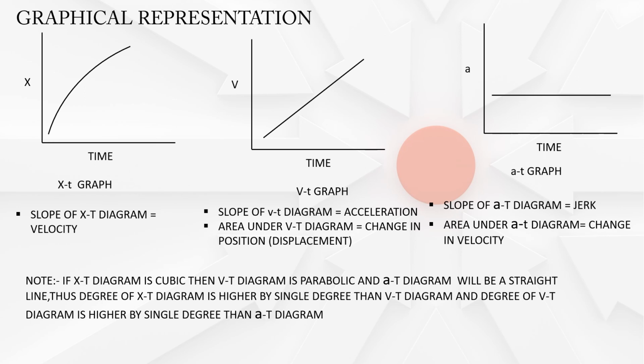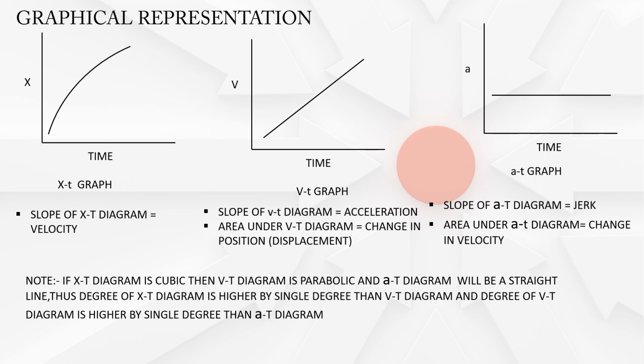When we consider the displacement time graph, the slope of the xt diagram gives us velocity, whereas the area under the xt diagram has no significance. So when an xt diagram is given, our interest will only be in the slope of the xt diagram, which is the velocity.